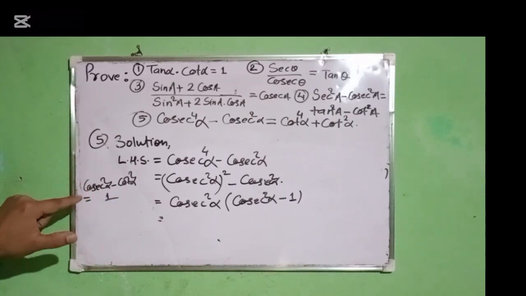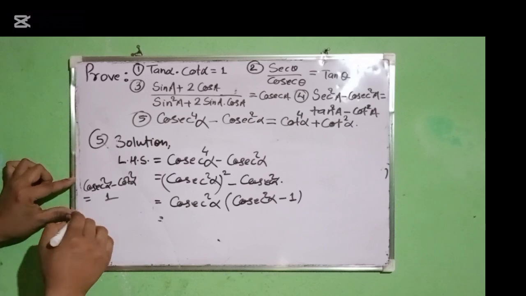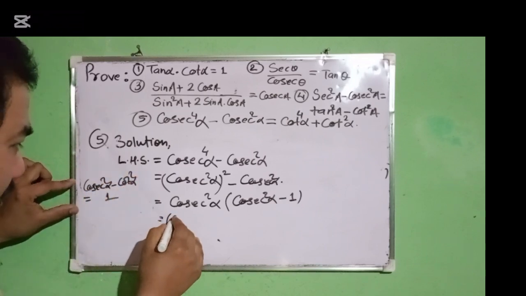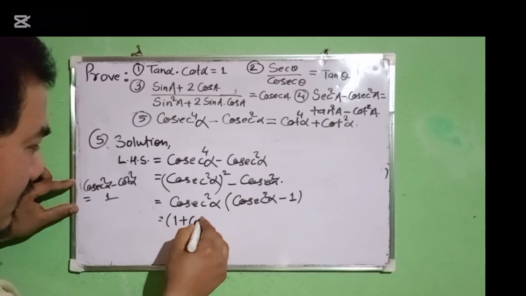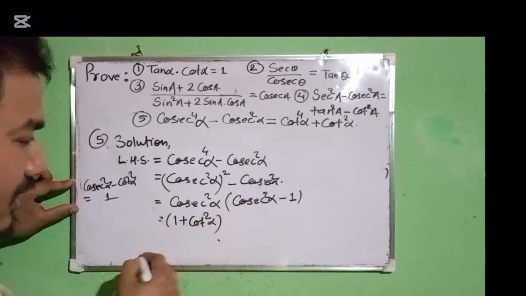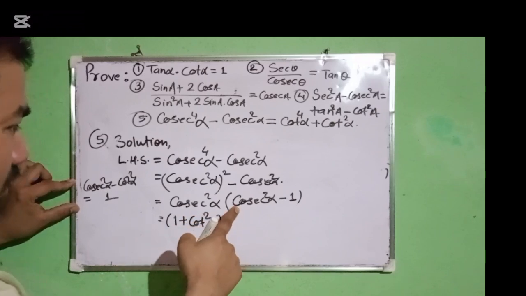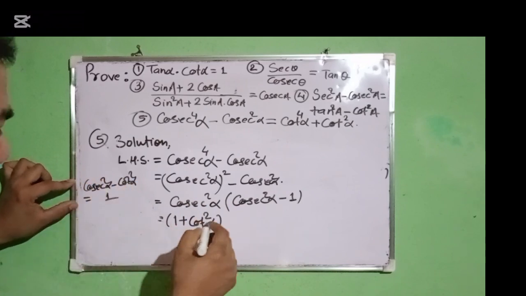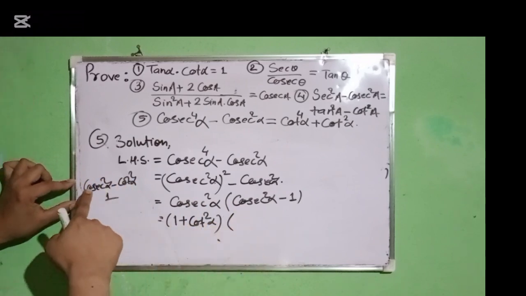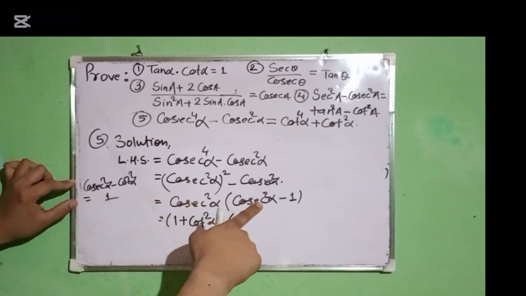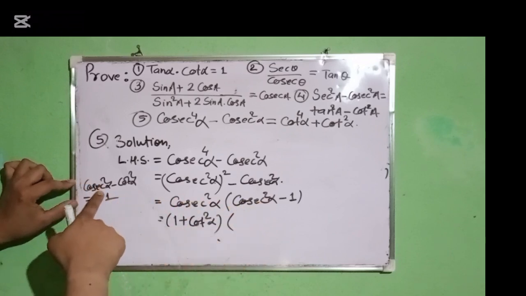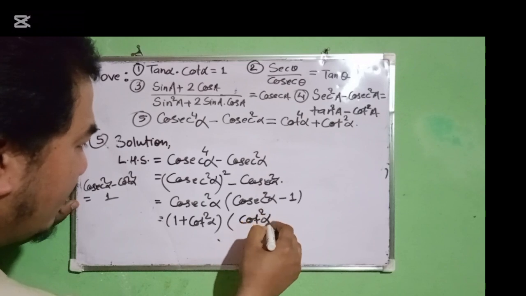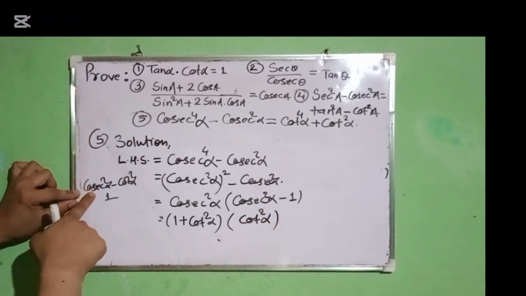Now look here, when you take cosec square alpha, then what will happen here? This will go this side and right hand side will be plus, then it will be 1 plus cot square alpha. And we know when you take this 1 this side and cot this side, then it will be cosec square alpha minus 1 equals to cot square alpha. From this formula only we have derived, okay?